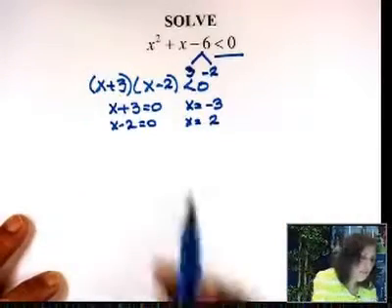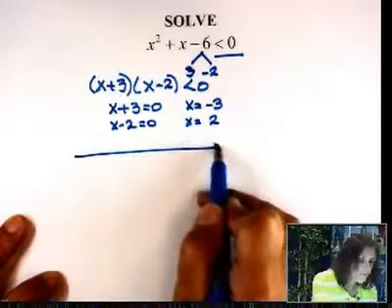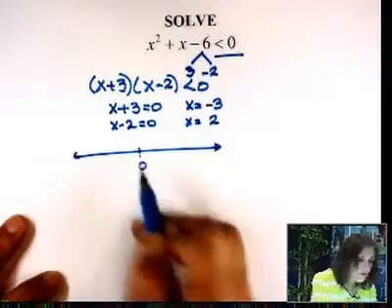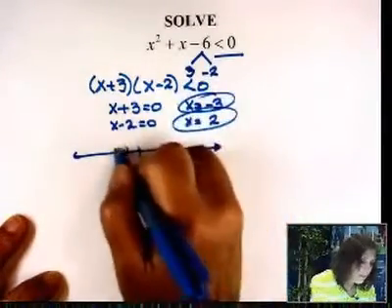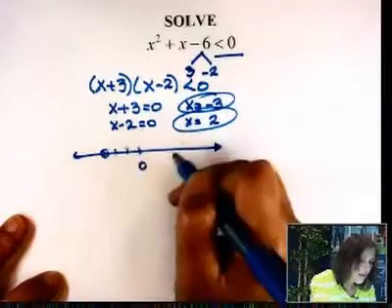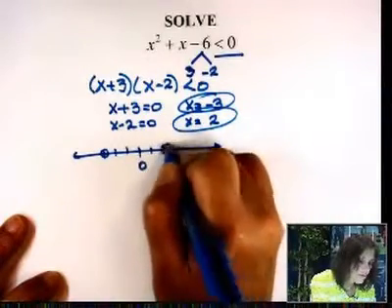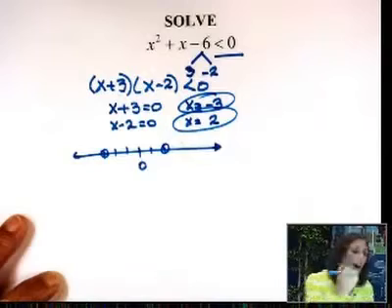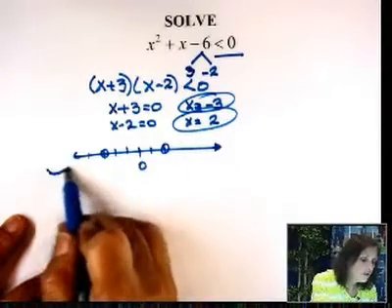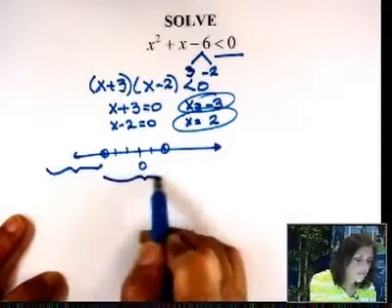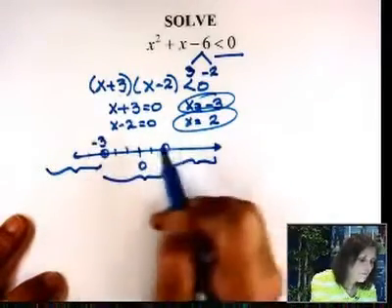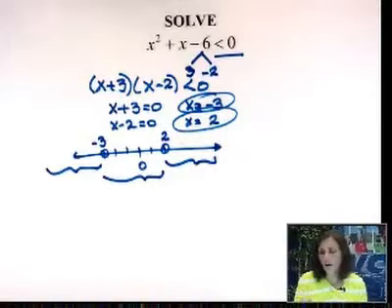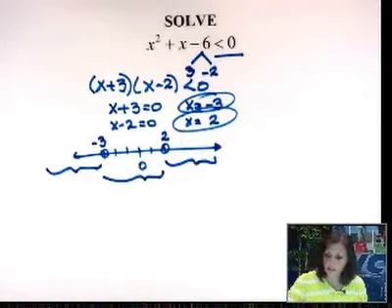Now go to the number line and put those values: negative 3 and 2. Now here's a region, here's another region, and here's the third region. I go and test a point.